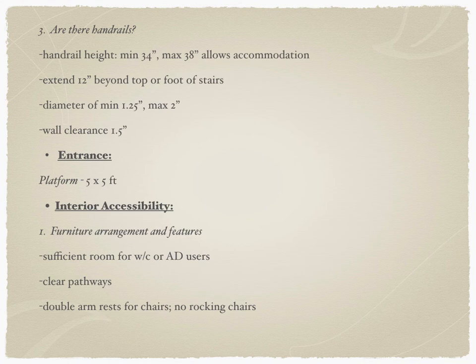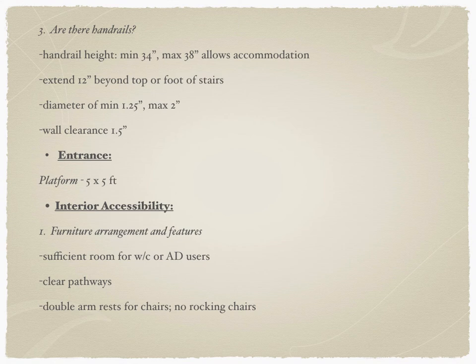The top or the bottom of the floor or the ramp should have a platform with an area of 5 by 5 feet to allow ample space for wheelchair users.